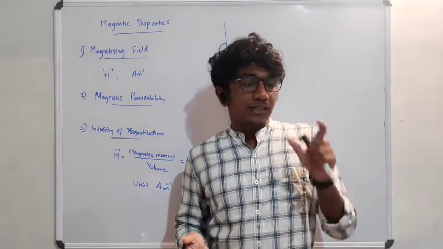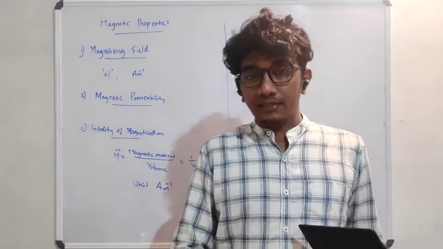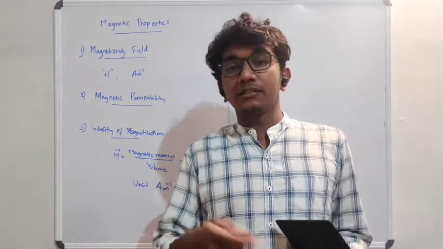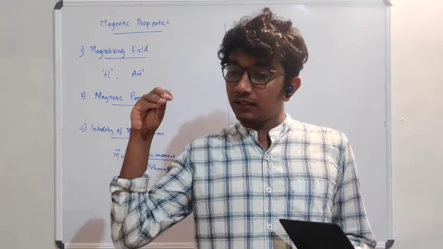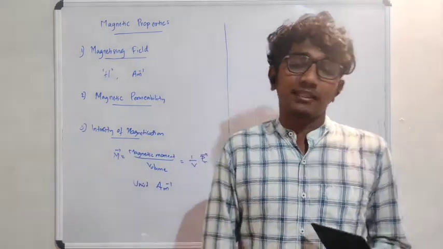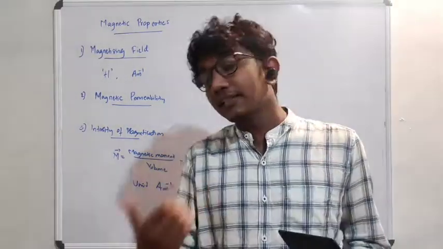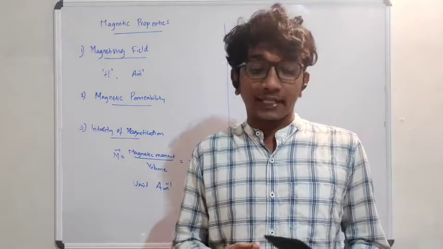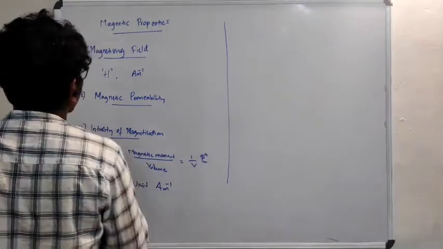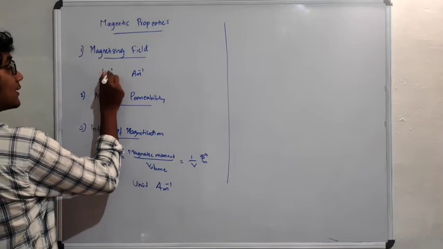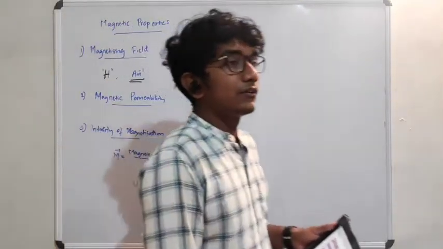Magnetizing means infusing some magnetic properties on a material. The symbol we use is H, and ampere meter inverse is the unit of magnetizing field.